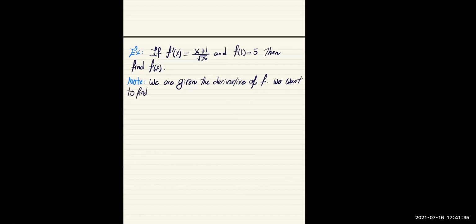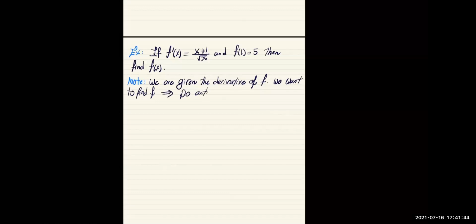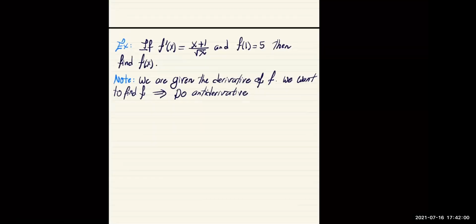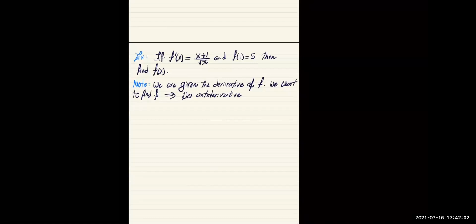So what do you do? Antiderivative. You do the opposite of derivative. Opposite of derivative is antiderivative. You want to get rid of that prime, do anti-prime. Okay? Yeah, so we do antiderivative.